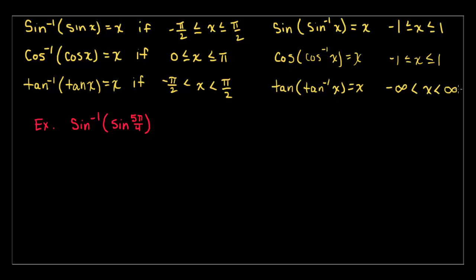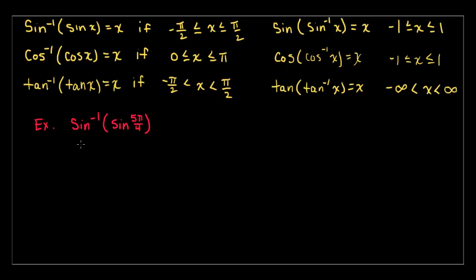Okay, let's look at the inverse sine of the sine of 5 pi over 4. Notice 5 pi over 4 is not in the domain negative pi over 2 to pi over 2 for the inverse sine of the sine. So, to handle this, we go to our table and find the sine of 5 pi over 4.